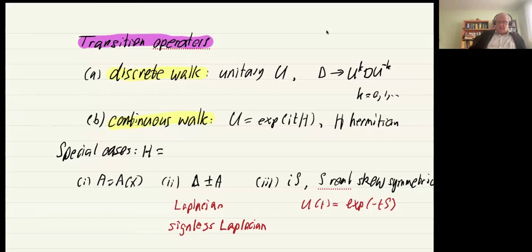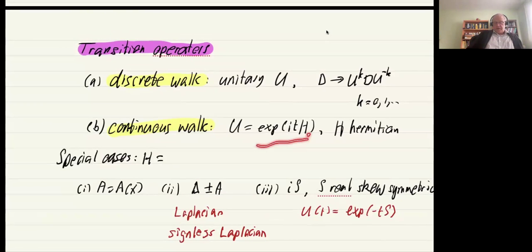The walks we're going to talk about for a while are going to be continuous walks. In this case, they're going to have the form e^(-itH), where H is some Hermitian matrix. In fact, most of the time it's going to be an adjacency matrix of the graph. And so we get this unitary matrix.